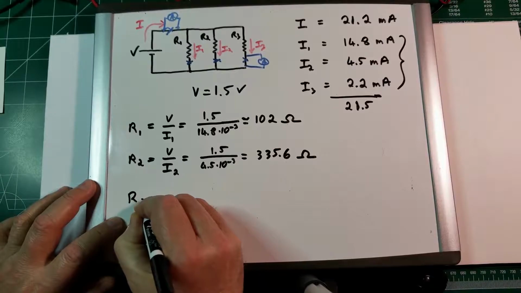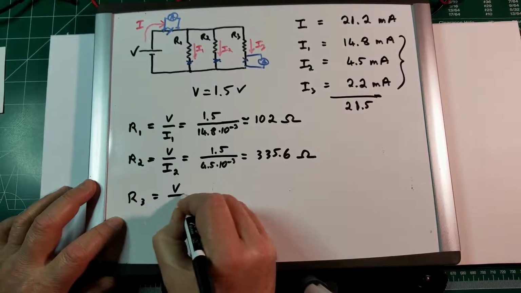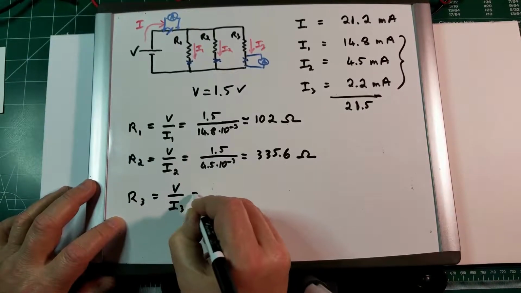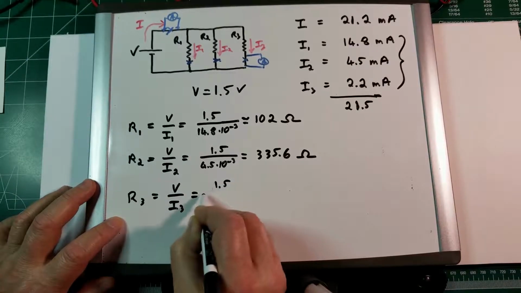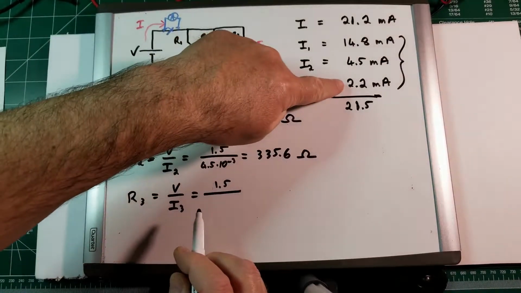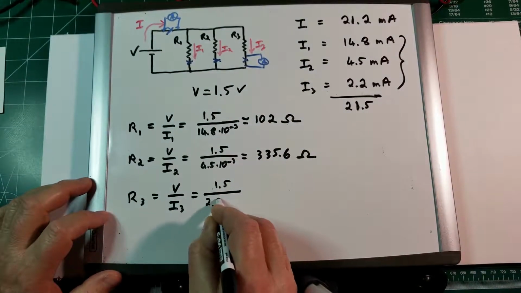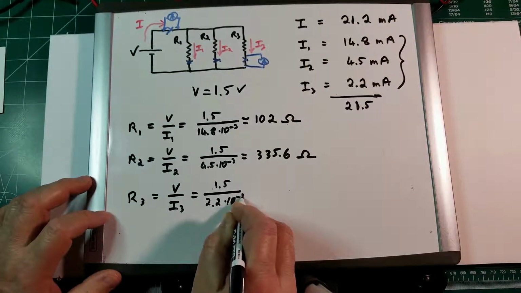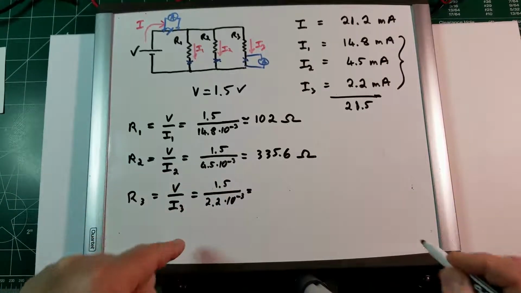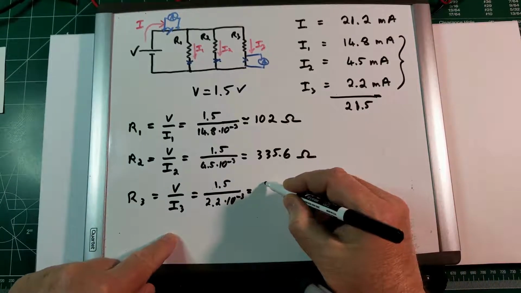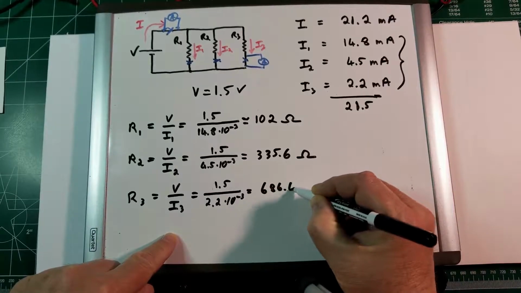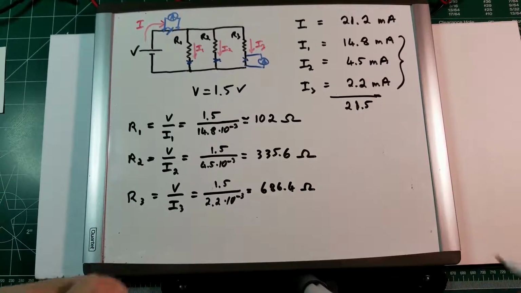And finally, we can calculate R3 as V over I3, which is 1.5 divided by 2.2 milliamps. And this is equal to about 686.4 ohms. If we now go check the resistors that we put in the circuit, let's see what we can find.